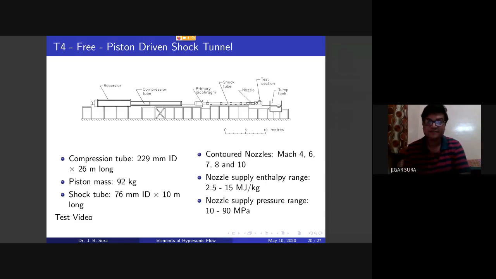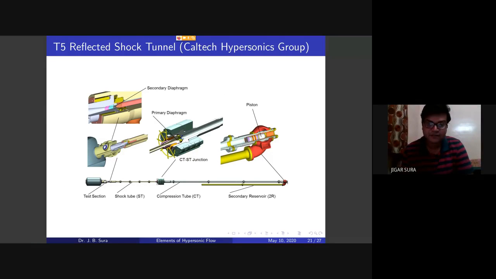Another shock tunnel, which is again piston driven, is at Caltech. It is an old shock tunnel actually. It works the same way as University of Queensland. In fact, NASA has collaborated with University of Queensland for this research, and Caltech is one of the best universities for aerospace engineering that you know. So it also has the piston you can see on the right side of the screen.